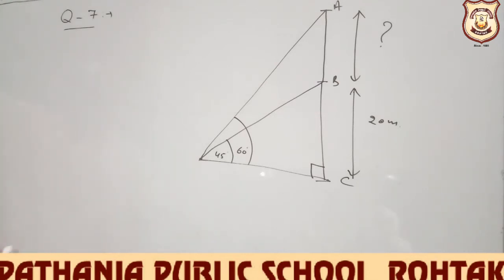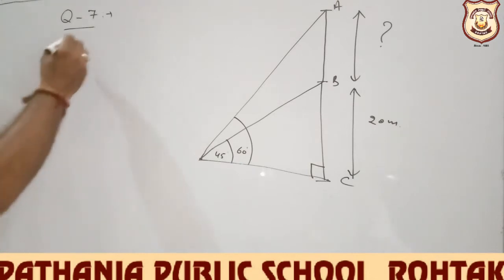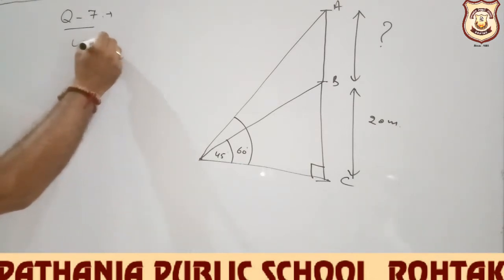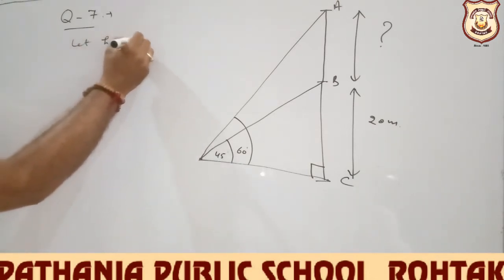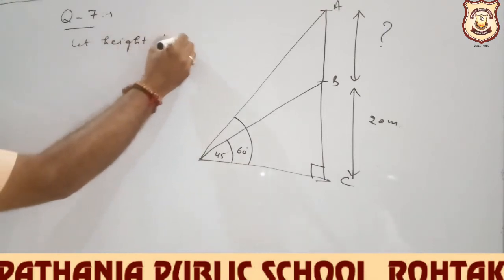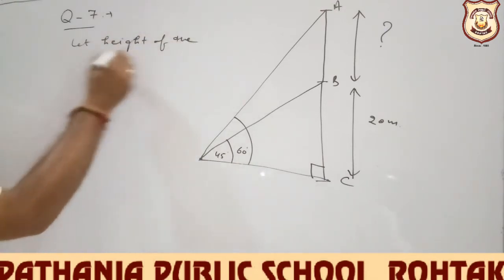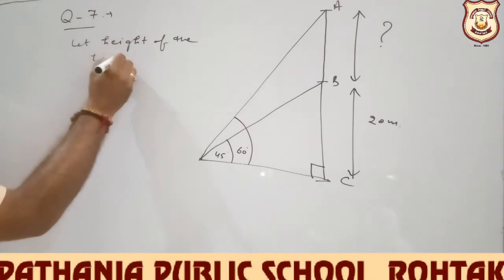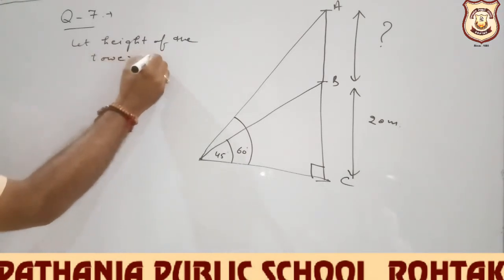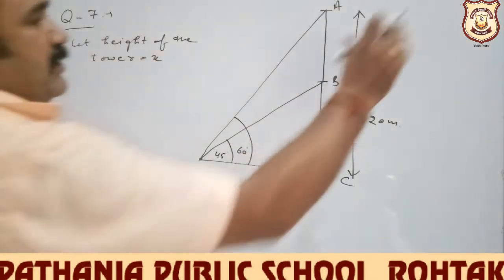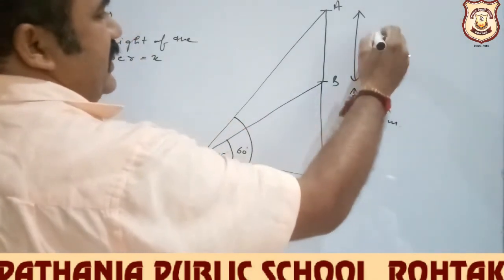So you can start with: let the height of the tower be equal to x. This one you can take as x.